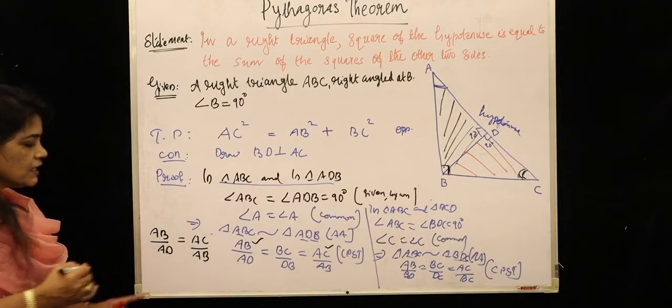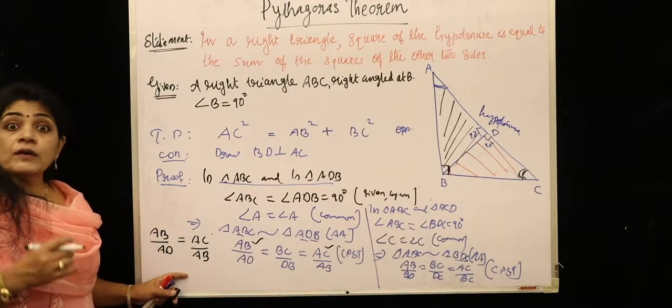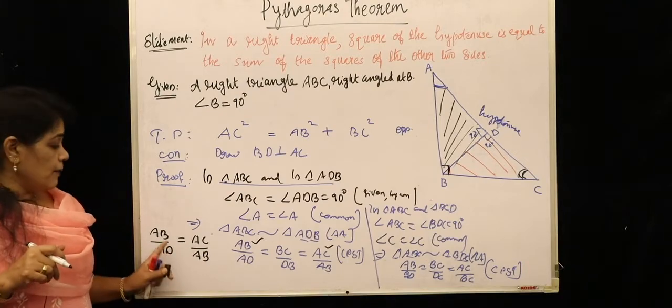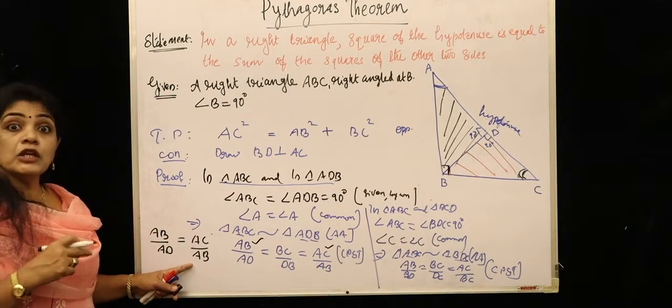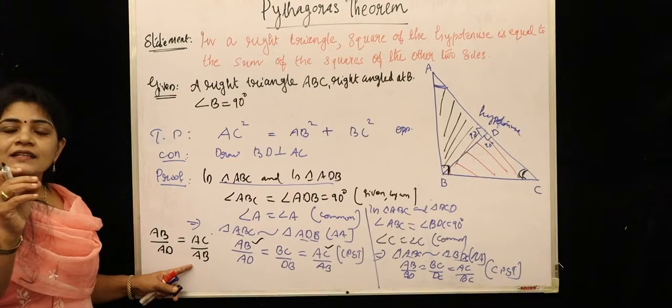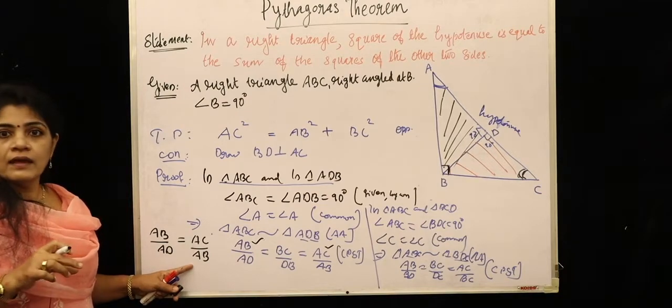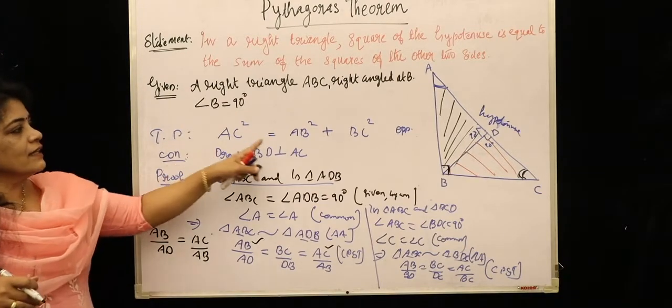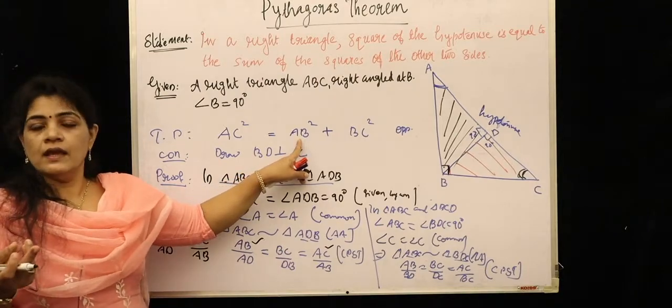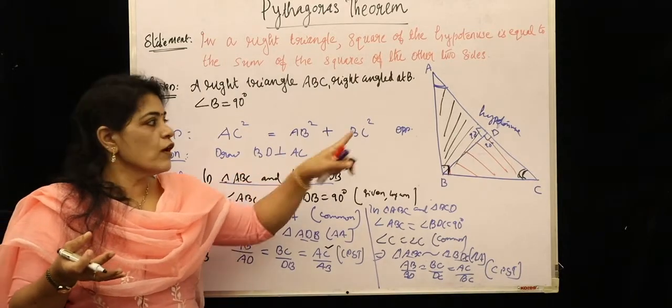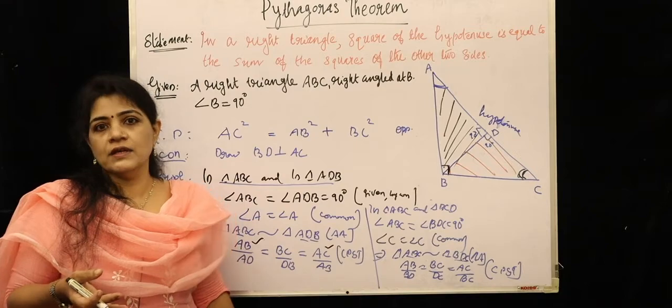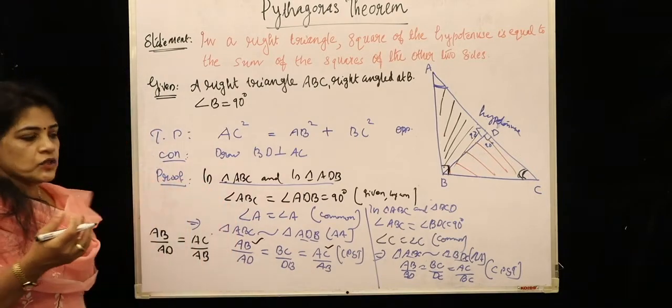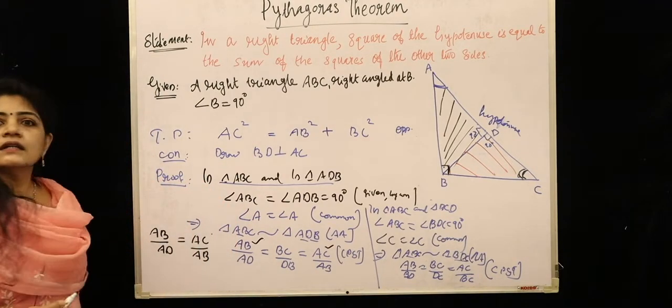If I am cross multiplying AB times AB, AB into AB, you will get the square of AB. That is what we need, children, square of AB. We should get the square of one of the sides of triangle ABC. That is why I selected this first and third ratio.